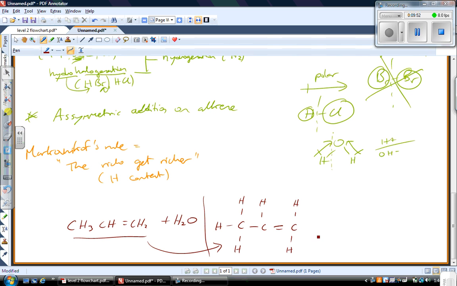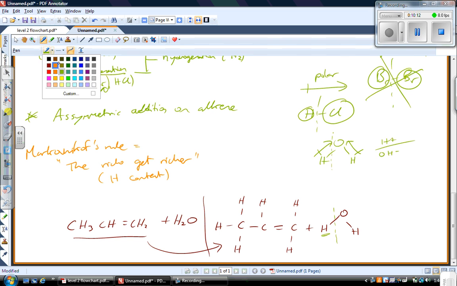We're looking at the addition of water, and if we open the water molecule out as well, remember up the top I said water is going to split along this line here. So it's going to be addition of OH onto one of the carbons, and then this hydrogen gets added to the carbon which is most hydrogen rich. So we need to identify which carbon is most hydrogen rich.